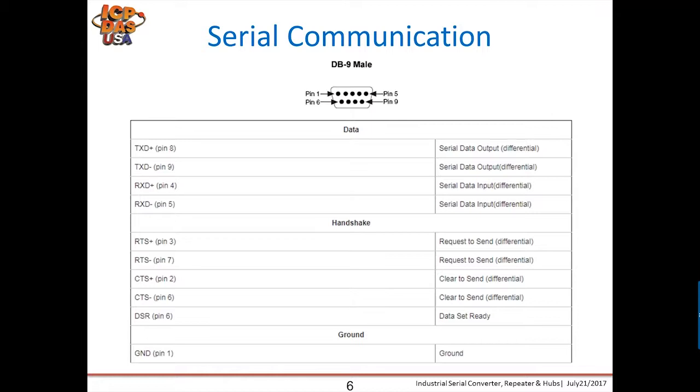In another word, RS485 is a superset of RS422. So all RS422 devices may be controlled by RS485. RS485 hardware may be used for serial communication with up to 4,000 feet of cable.